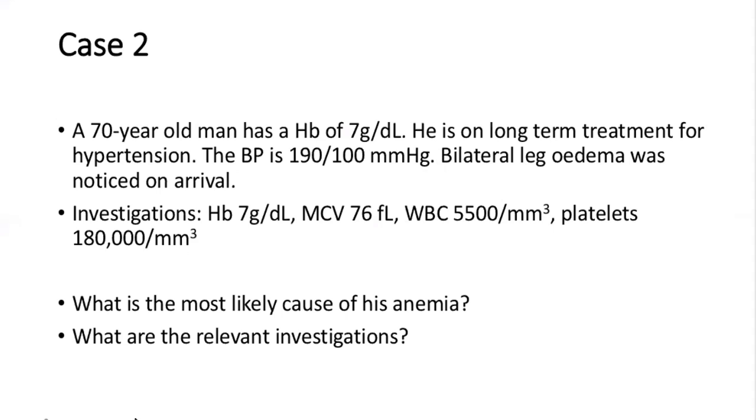Renal failure. Exactly. Acute renal failure or chronic renal failure? Chronic renal failure. Most likely, so give a complete answer. Anemia due to chronic kidney disease or chronic renal failure. So that is the most likely cause.